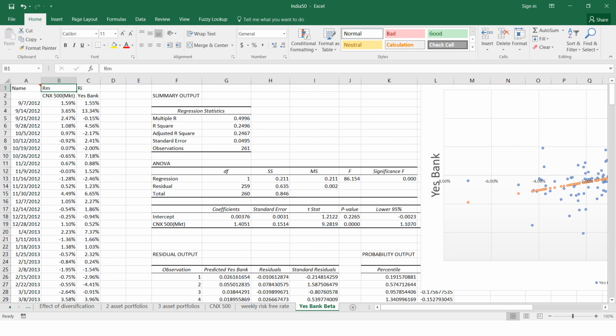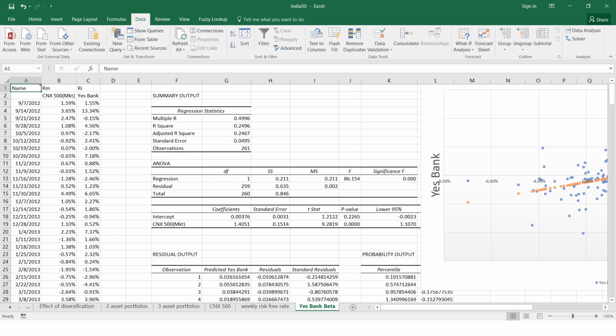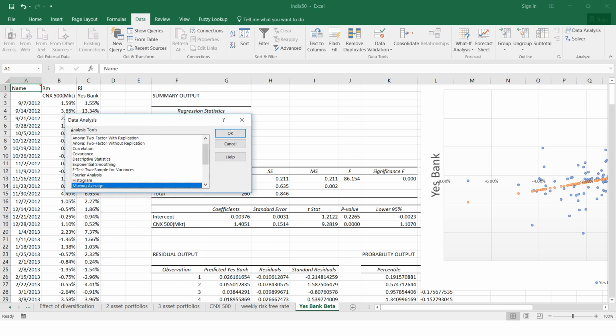Okay, now I run a simple regression, and you can do it by going to data analysis, and then going to regression.